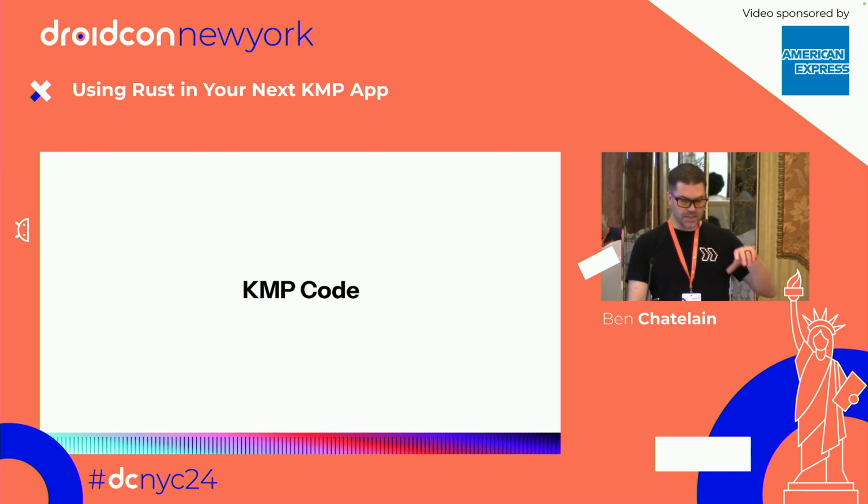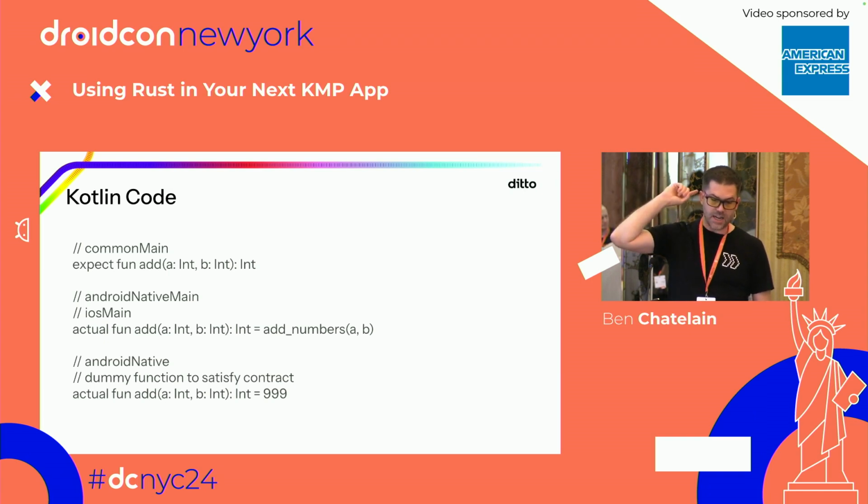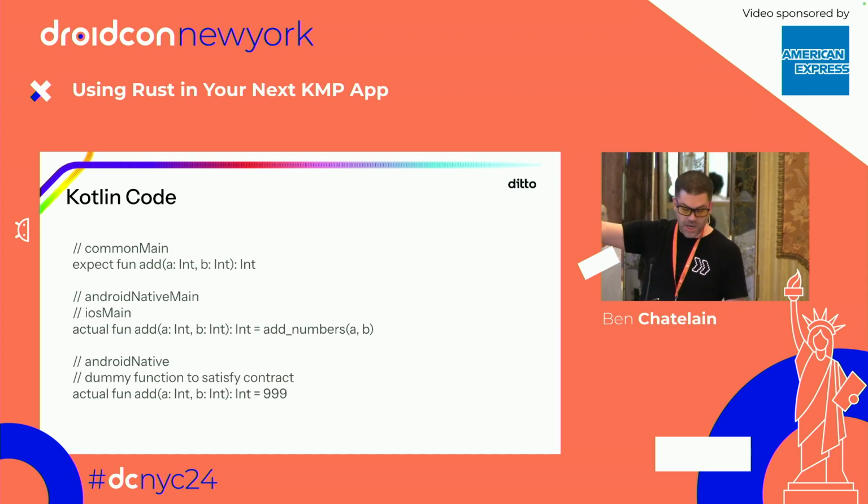Okay, so let's look at the Kotlin multi-platform code. This is it. So what we have here is in common main, we have an expect function add, and all the different platforms that we support: Android native main, iOS main, and Android native. I should have put just Android main on the bottom there.